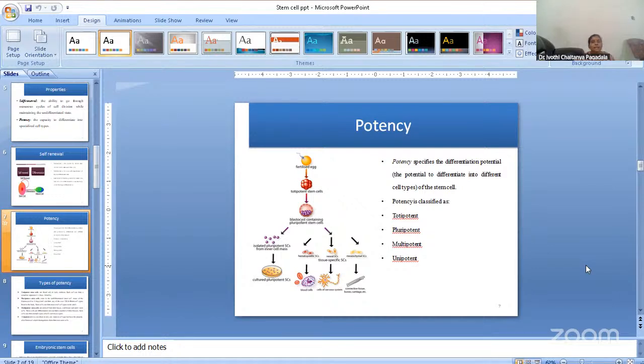So here is the stem cell classification: the potency specifies the differentiation.